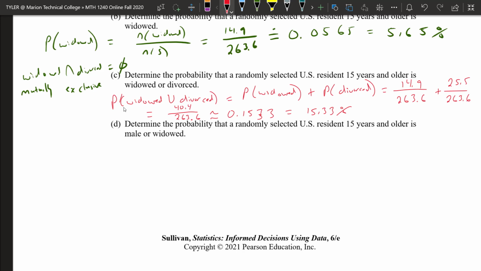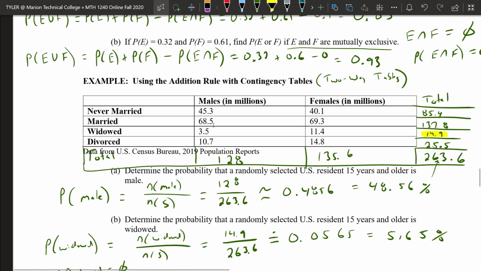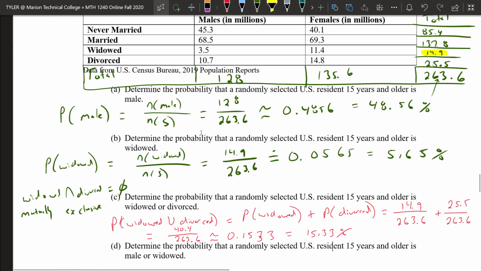But then part D says determine the probability that a randomly selected U.S. resident 15 years and older is male or widowed. Note in this case, it's possible to be male and to also be widowed. If you look up in the table, we have 3.5 million of those people.